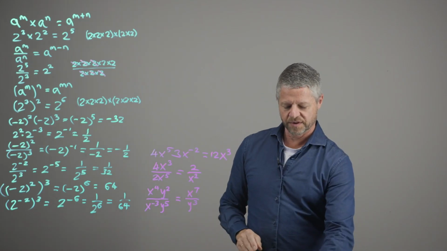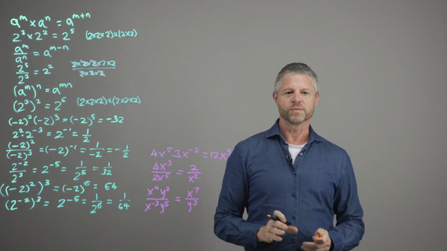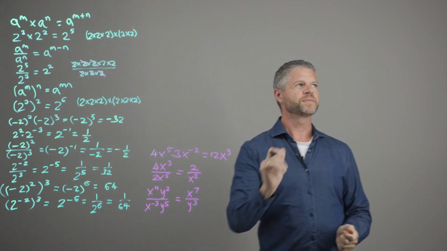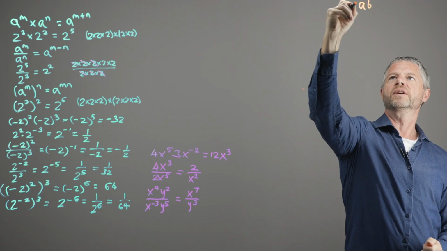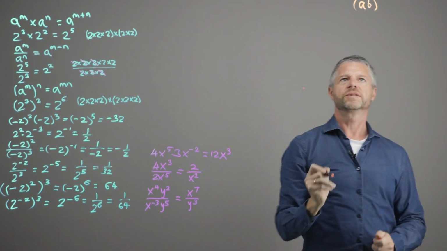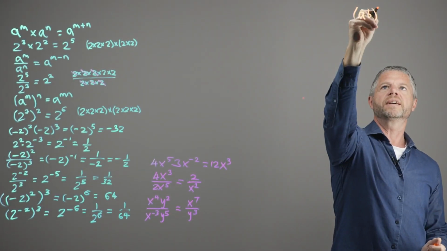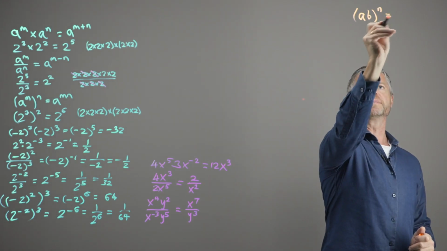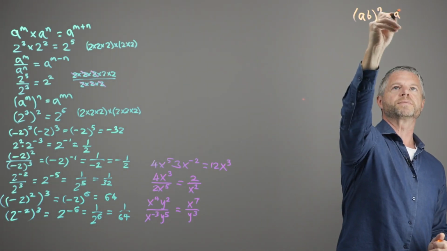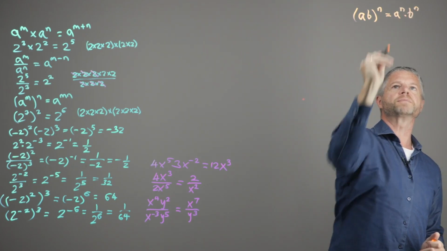Let's explore a few more rules around working with exponents. If I have a product of two numbers or two expressions, a, b, and I have an exponent applied to that product, that's the same as if I apply the exponent to each piece separately and then multiply them.